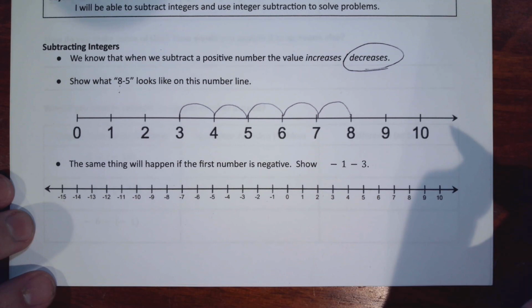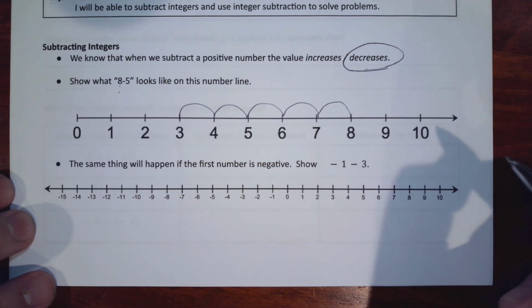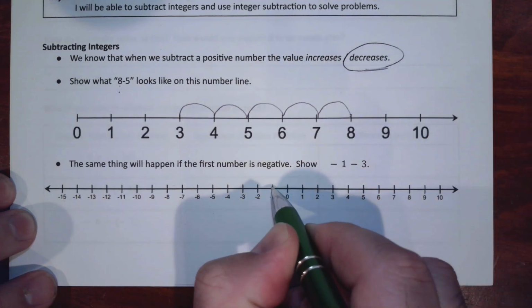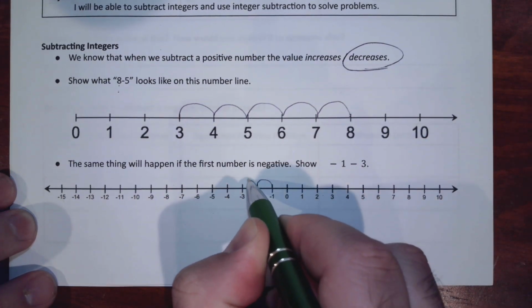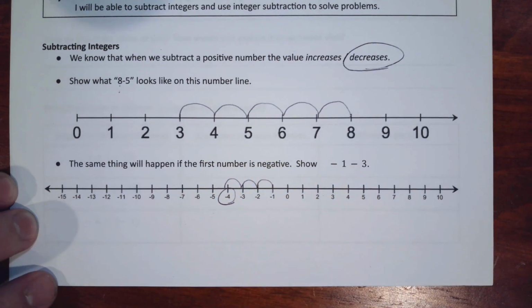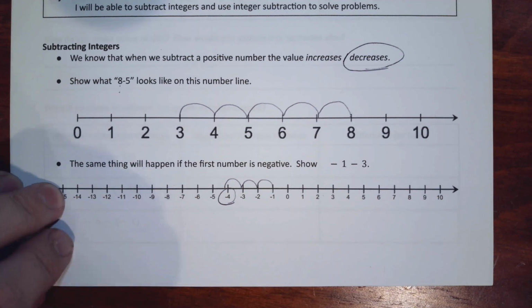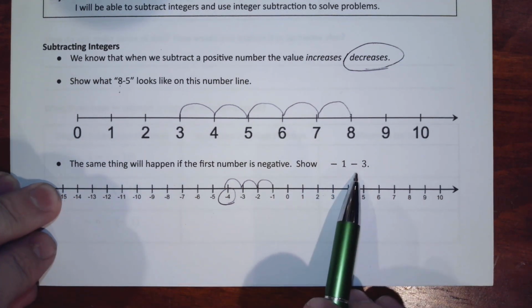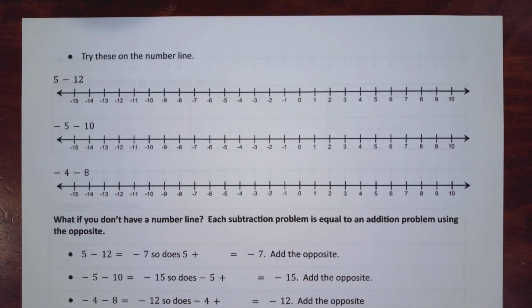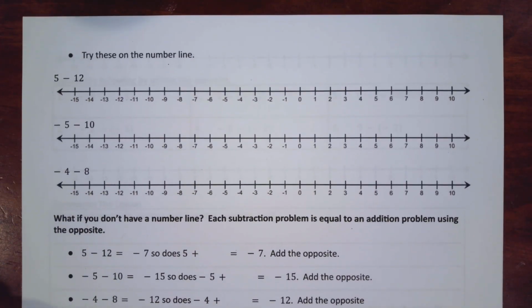The same thing happens if the first number is negative. So if the first number is -1 and we subtract 3, we start at -1 and we subtract 3. That's one of our focuses today, how to subtract when we have negative numbers. Let's try these on the number line.